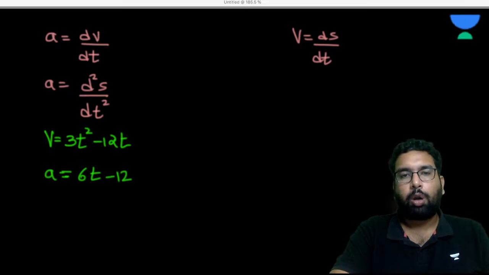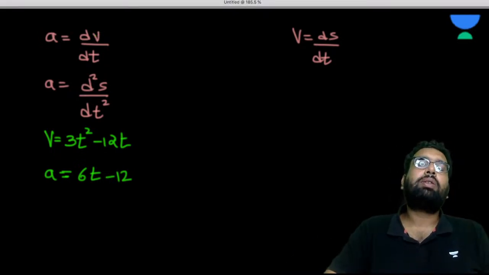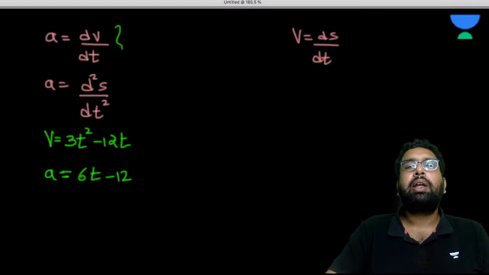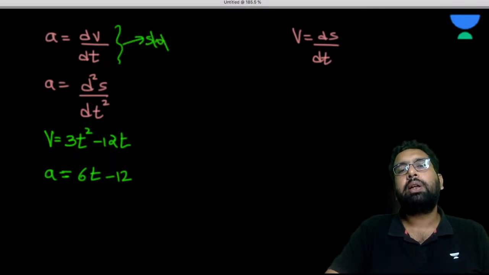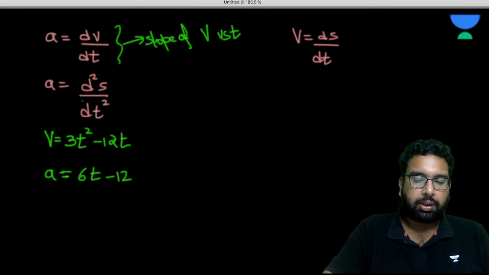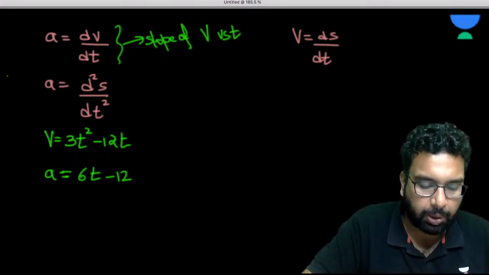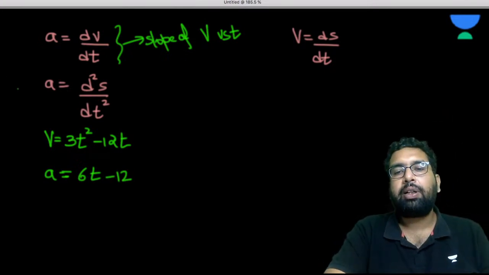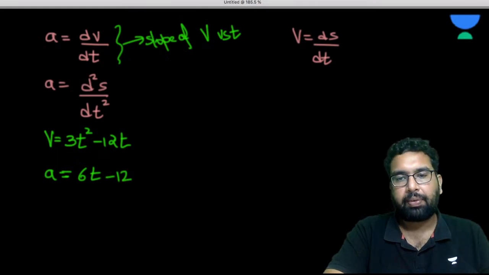Now also remember, since acceleration is dv by dt, can we say that it is basically the slope? It is basically the slope of the v versus t curve, right? This information is going to help you when you are dealing with the graphs in kinematics.